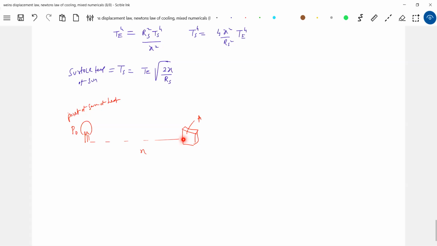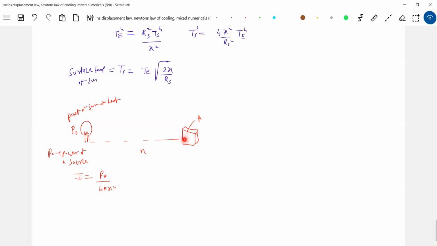First I'll calculate the intensity at this point. The intensity is P naught by 4 pi x square.